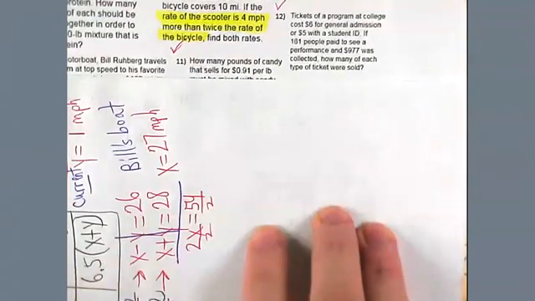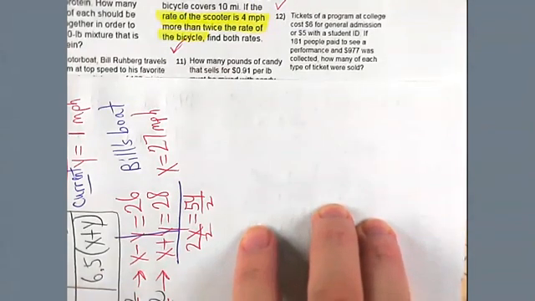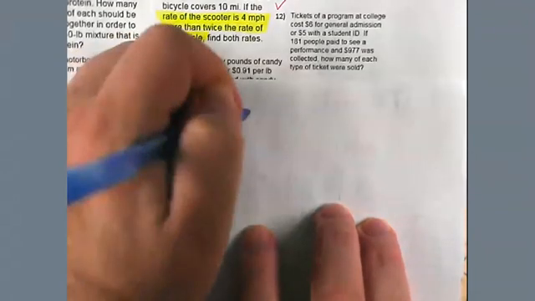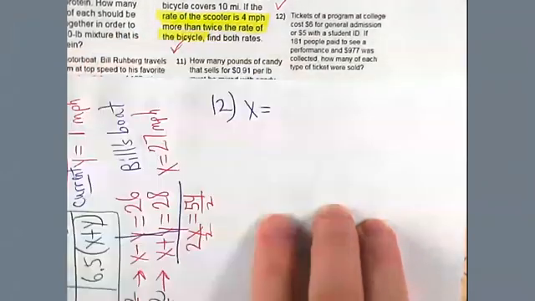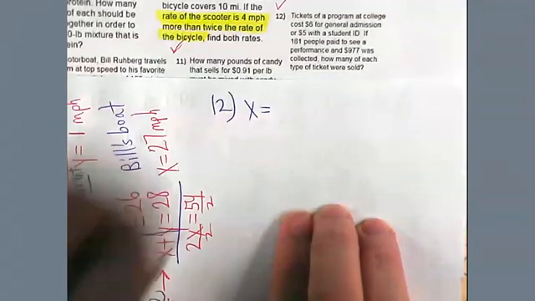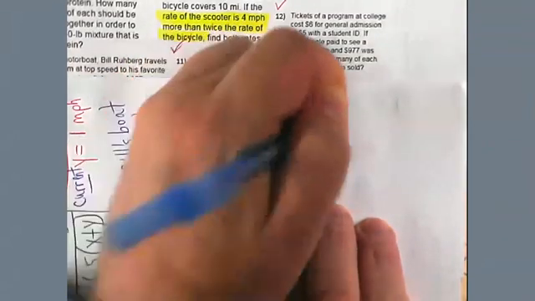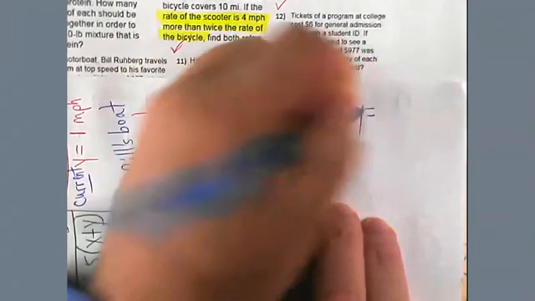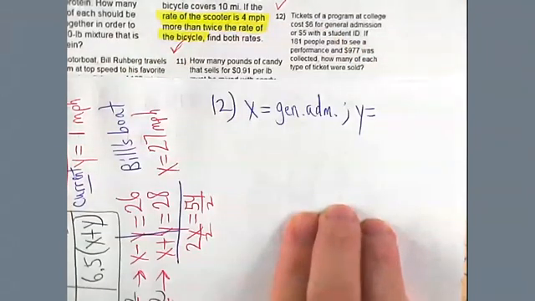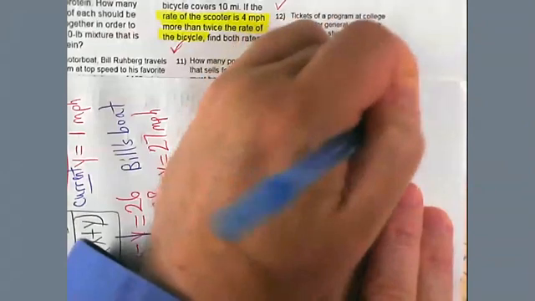So tell you what, we have to label our given information X and Y first. So we'll let X equal the general admission tickets. And we'll let Y equal the student ID tickets sold.